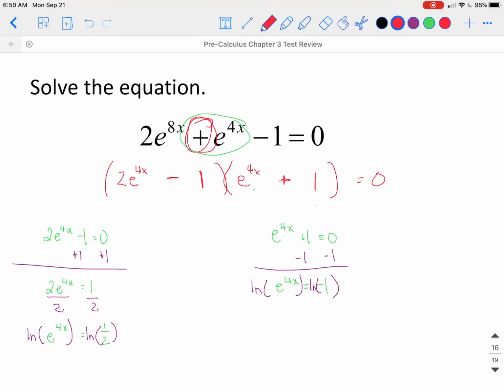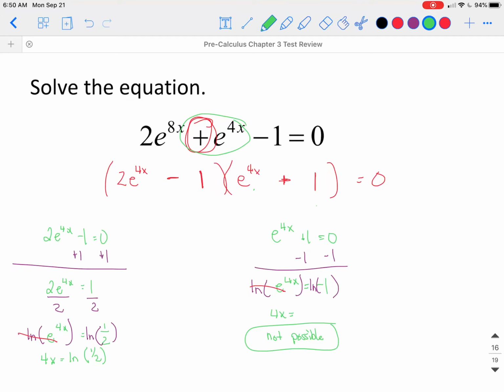Now, the ln and the e are going to cancel. So we're going to be left on the left side with 4x is equal to the ln of 1/2. On the right side, we're going to be left with 4x equals, but we're trying to take the ln of -1. You cannot take the log of a negative number, so on this side, this is actually not possible.